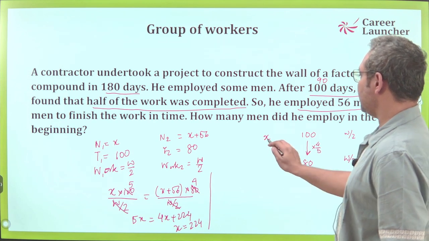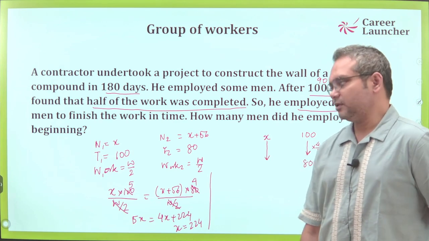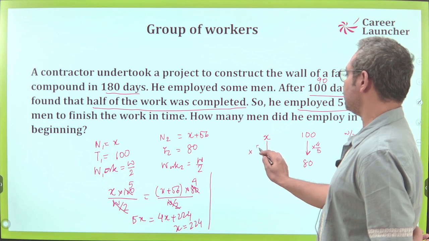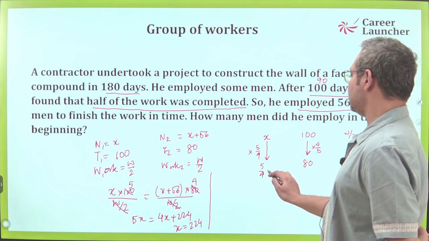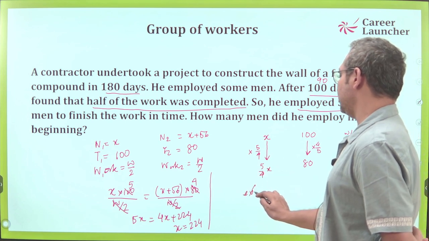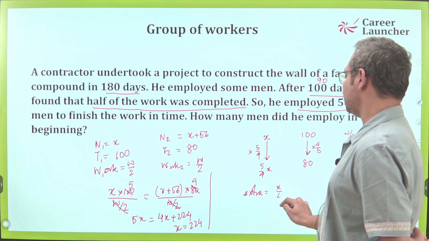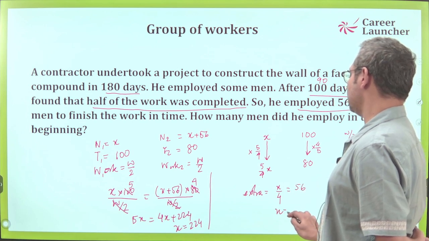Now we know that the number of people and time are inversely proportional, right? So if here you have 4/5, here you should have 5/4. So that means the extra men that you need would be the difference of these two, which is x by 4, and that x by 4 is 56, and hence x is 224.